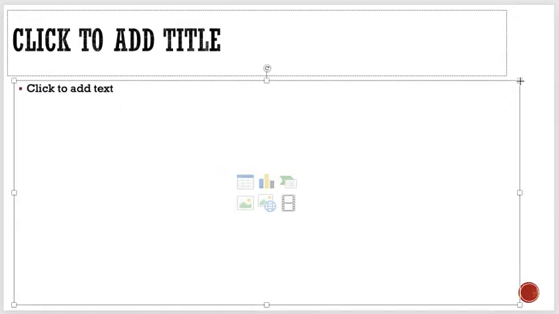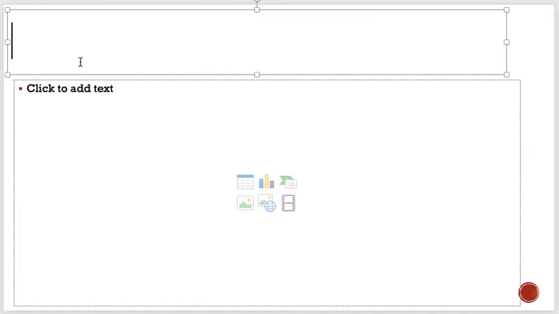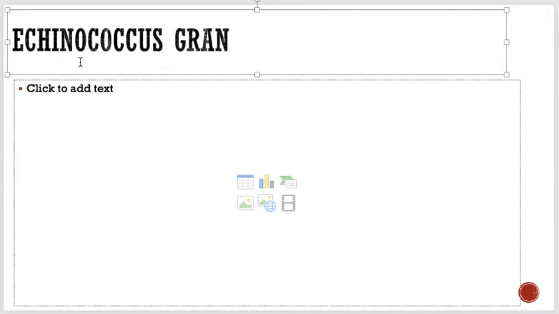So the parasite which we are studying is called Echinococcus granulosus, right? That is the full name, and Echinococcus is a cestode.